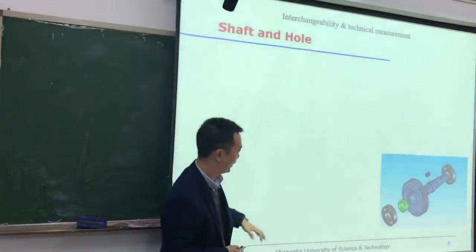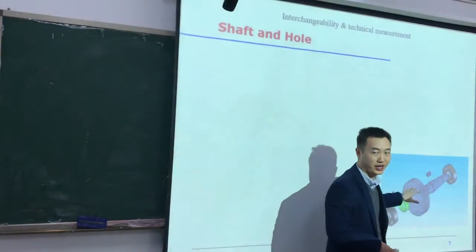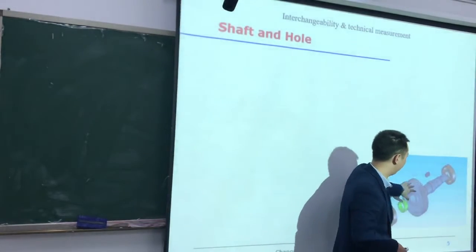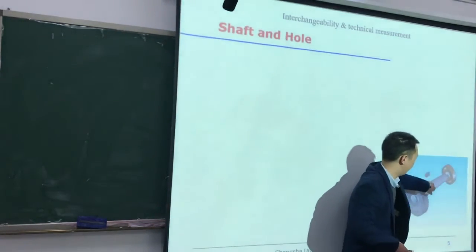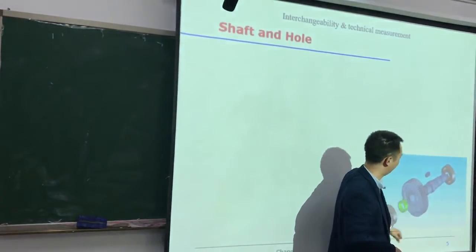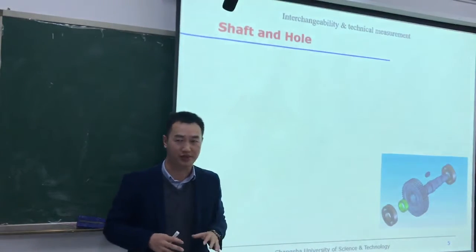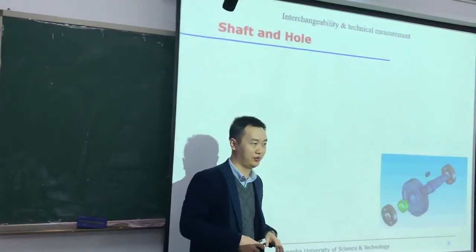As we can see, shaft and hole are very common in mechanical engineering. Sometimes we have a real shaft, and we have a hole here. These two parts can be said to be the most common parts in mechanical engineering.